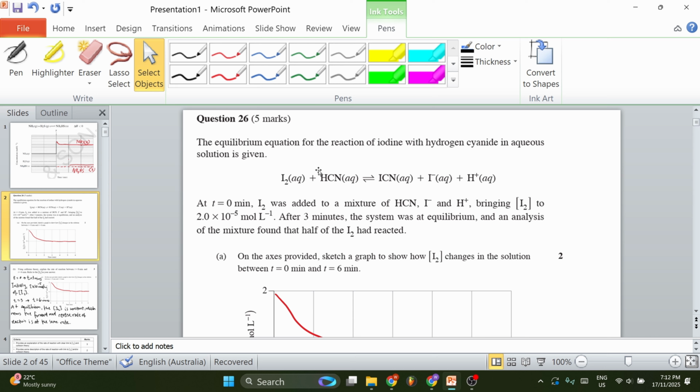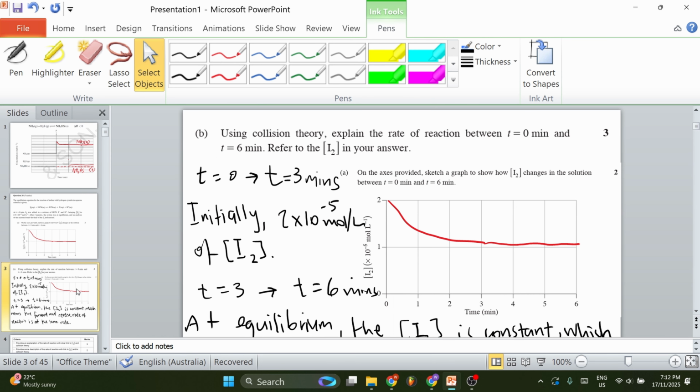As it does that, the concentration of I2 is going to decrease. Henceforth, the rate of reaction is going to decrease. But in turn, it is going to promote a net forward reaction. At such time reaching 3 minutes, the equilibrium will be reached.